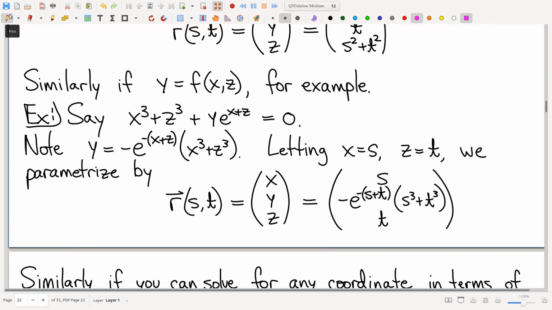If I had left x as x, and if I had left z as z, then I would have x and z being both input variables and output variables.